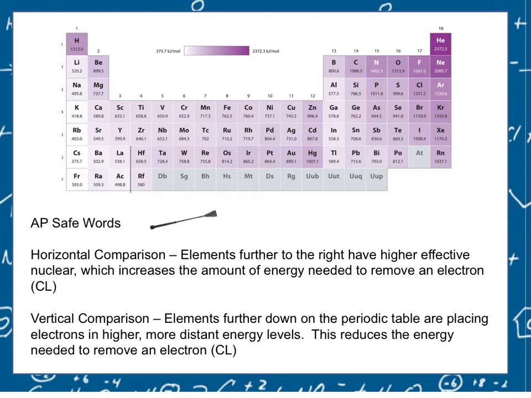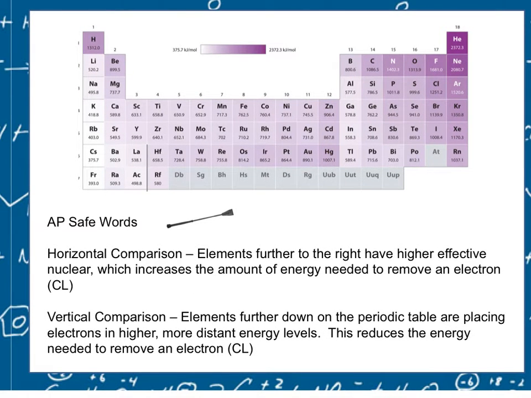Your safe way to describe this is if you're comparing things horizontally, elements further to the right have a higher effective nuclear charge, which increases the amount of energy needed to remove an electron. Drop in Coulomb's law that your numerator is going to be greater because of the higher effective nuclear charge, greater attractive force, more energy required to remove it.